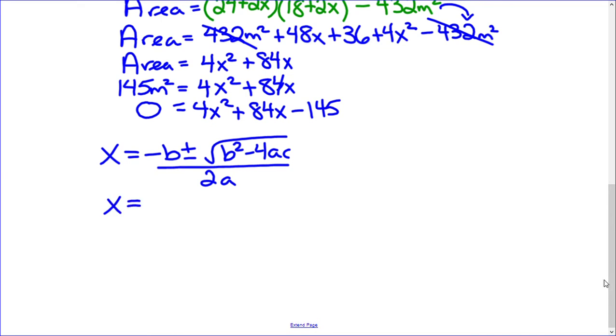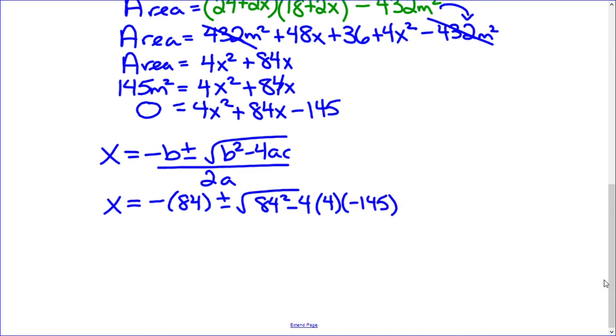So x is equal to, I have a minus and a b term of 84, plus or minus the square root of 84 squared minus 4 times a times c, all over 2 times 4.